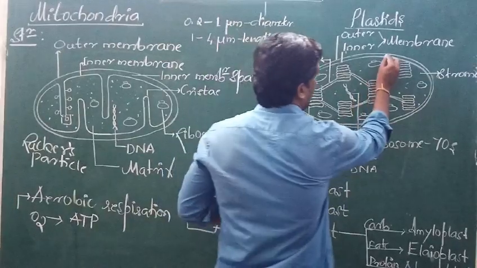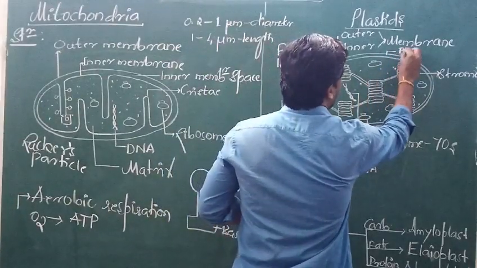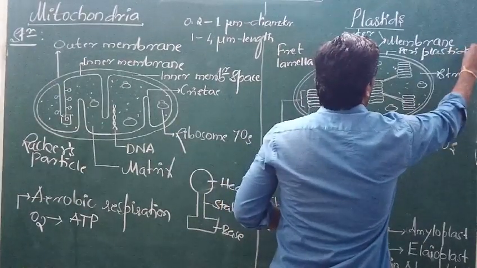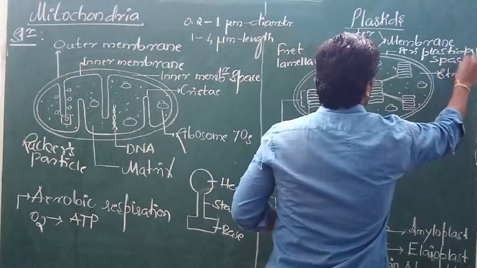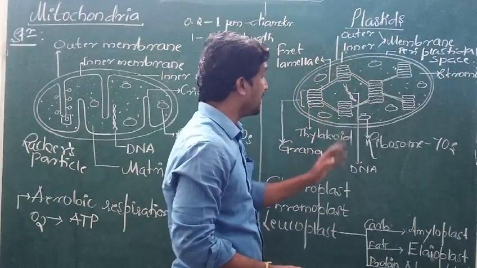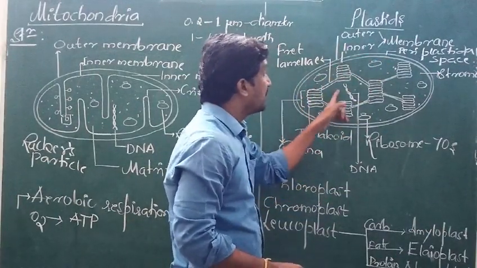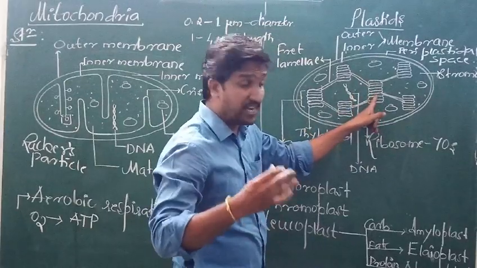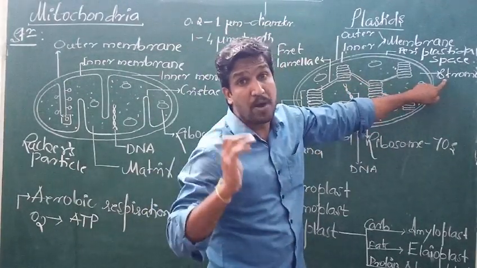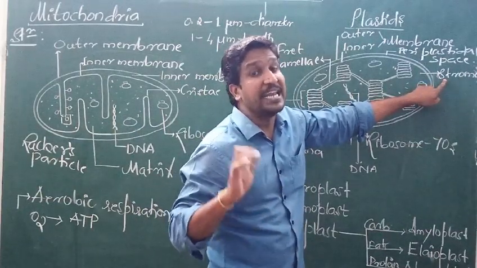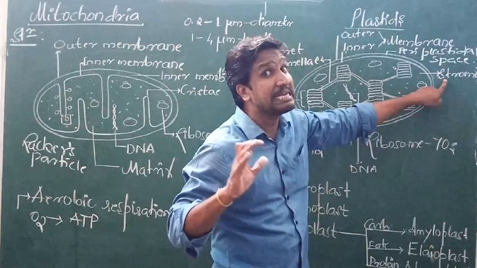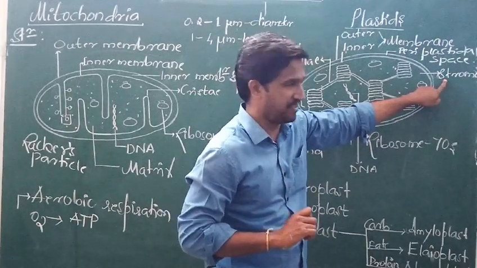Inside the plastid there is a fluid-like cytoplasm called the stroma, where the light reaction will take place.